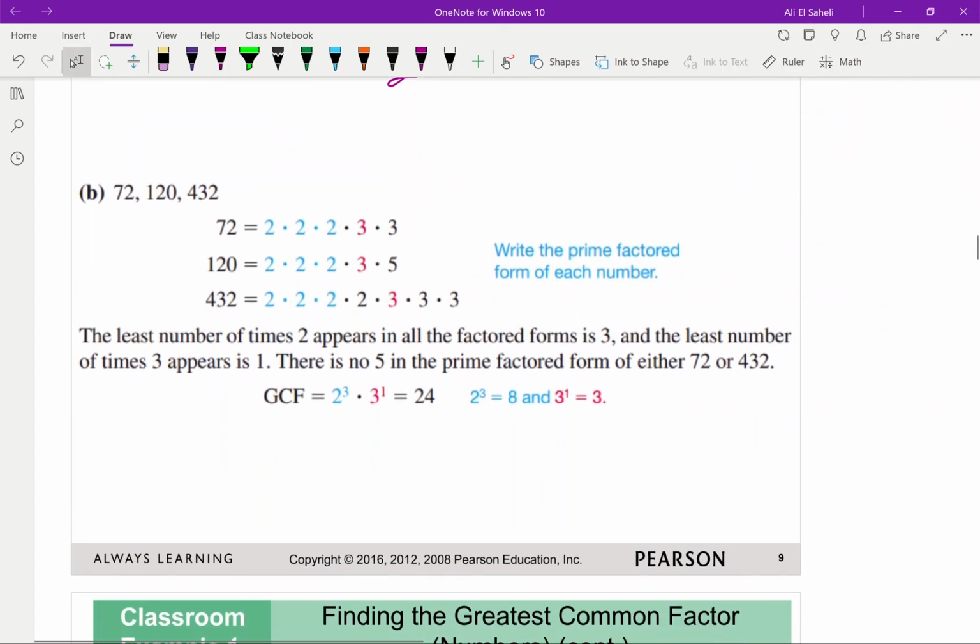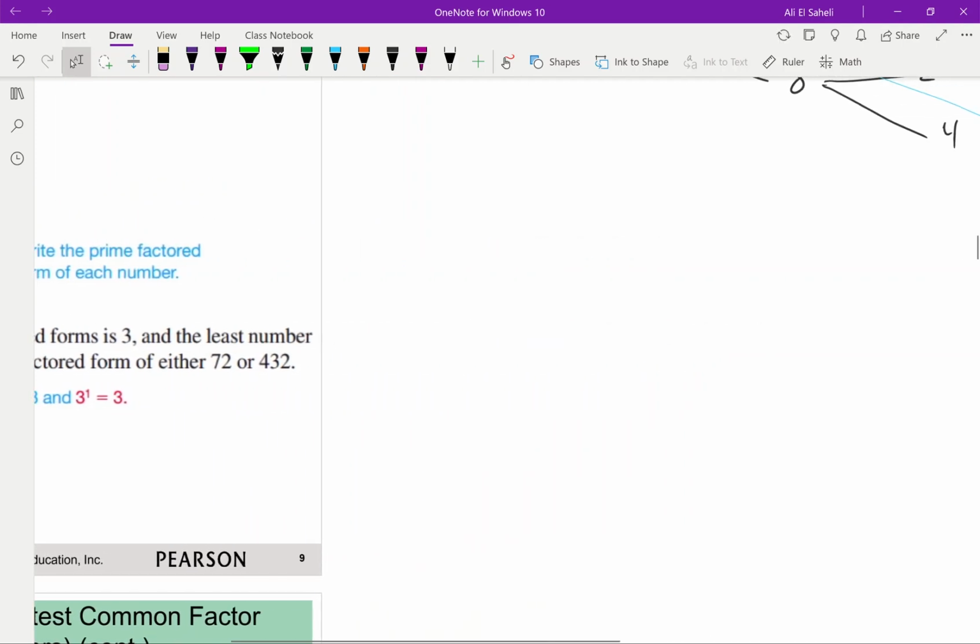Okay, 72, 120, 432. 72, again, remember 72 is an even number, so 72 equals 2 times 36, I believe.